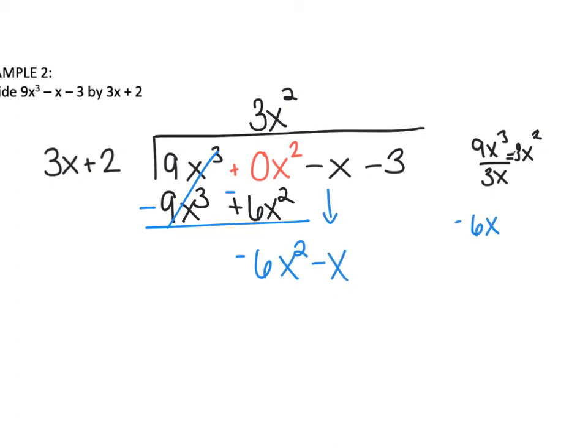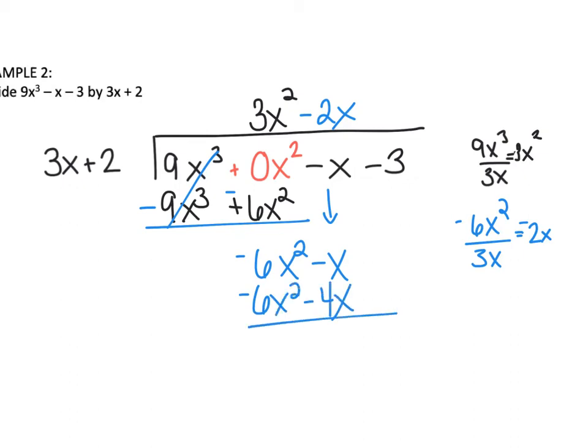Repeat, how many times does 3x go into negative 6x squared? And that will go in negative 2x times. So I put my negative 2x up here, and I distribute, and that gives me negative 6x squared minus 4x.